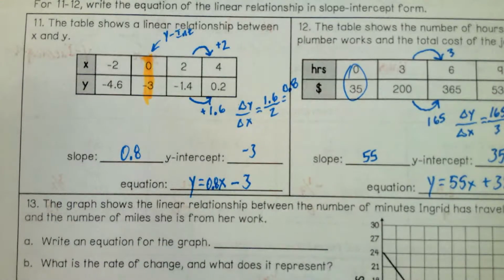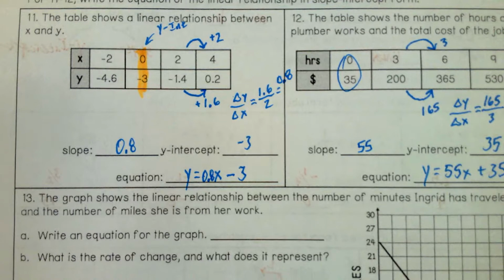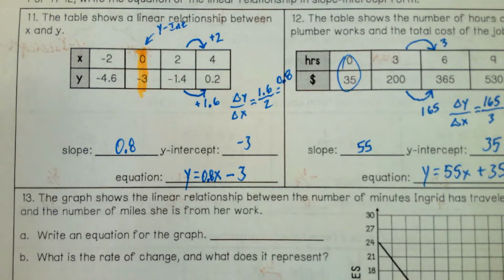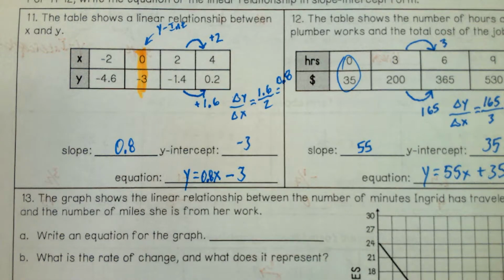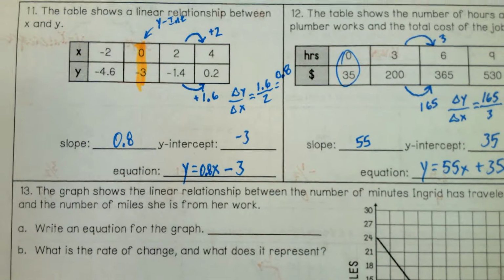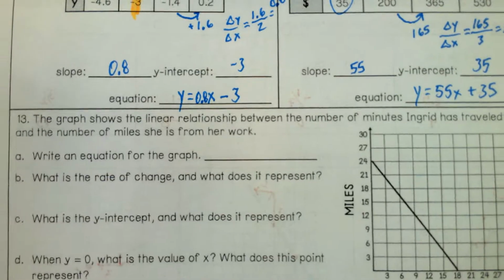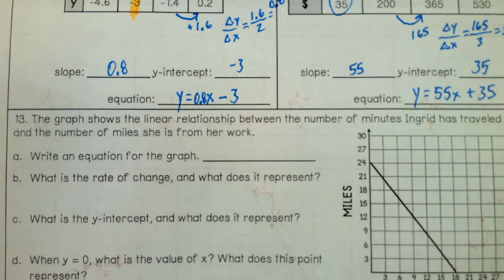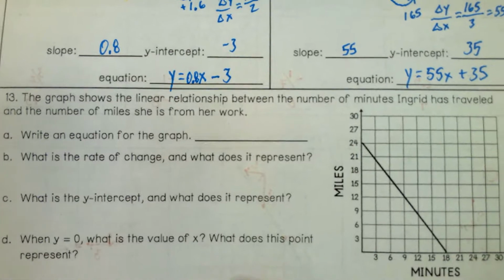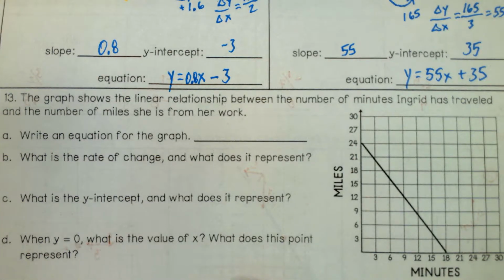Okay, last one, you're going to work with your partner here. So this graph shows the linear relationship between the number of minutes Ingrid has traveled and the number of miles she is from her work. So you're going to write an equation. We're going to determine what is the rate of change and what does it represent, and what's the y-intercept and what does it represent, and when y is 0, what is the value of x.